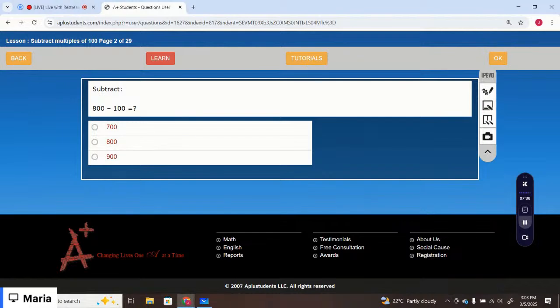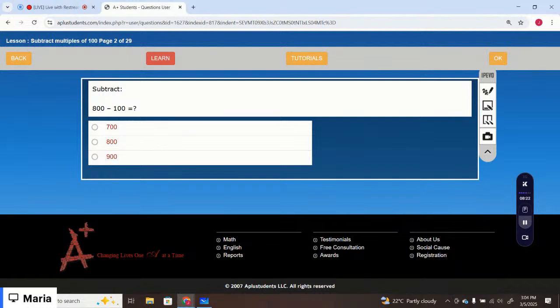Subtract 800 take away 100. Which is the correct option? That is 700.